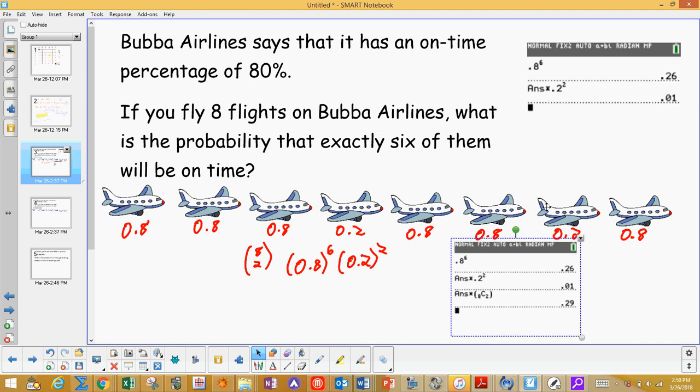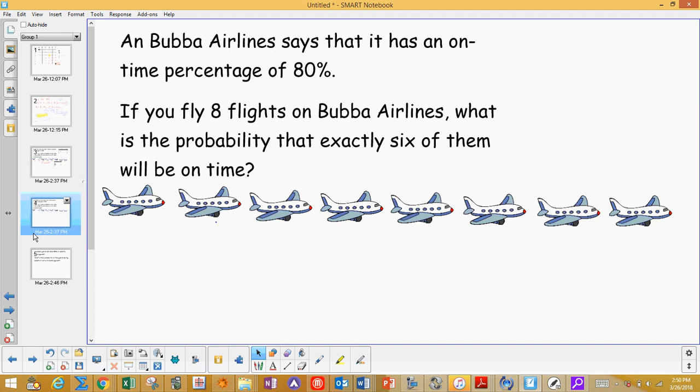Now it could be that 7 are on time or 8 are on time. So there are all different possibilities. Let's look at that again. Here's 8 planes again, and here's a way to think about it. If I take 0.8 plus 0.2 to the 8th, I know that 0.8 plus 0.2 is 1, so this is 1 on this side.